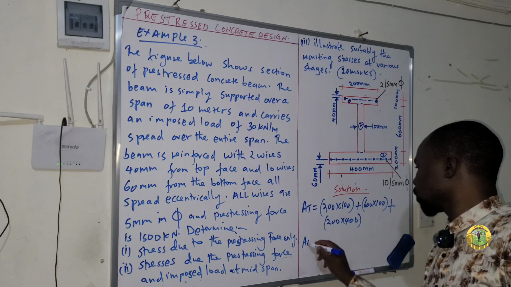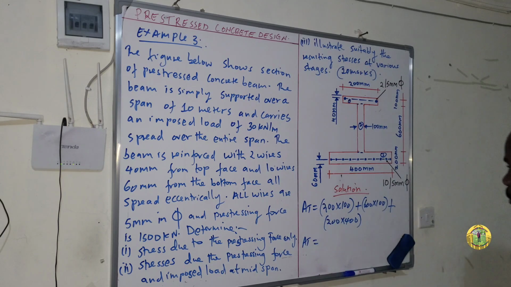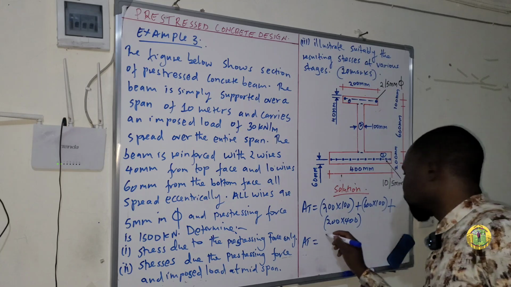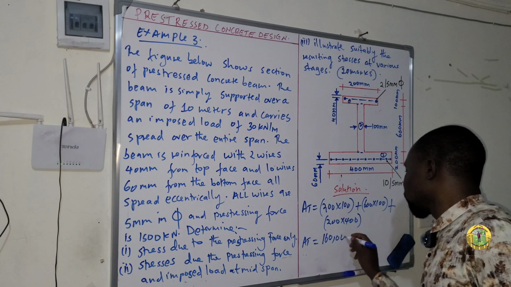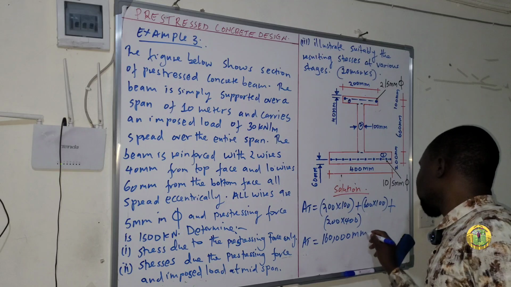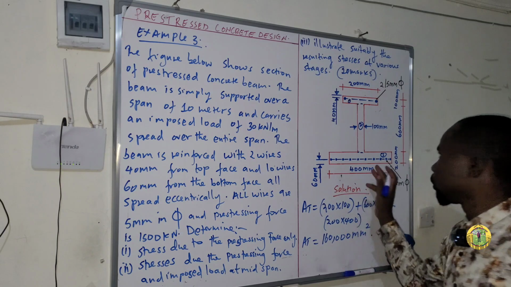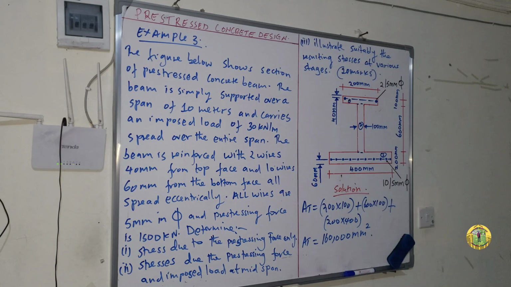So area total is equal to 200 times 100 plus 600 times 100 plus 200 times 400. So the area is 160,000 millimeter square. This is the area of this section.